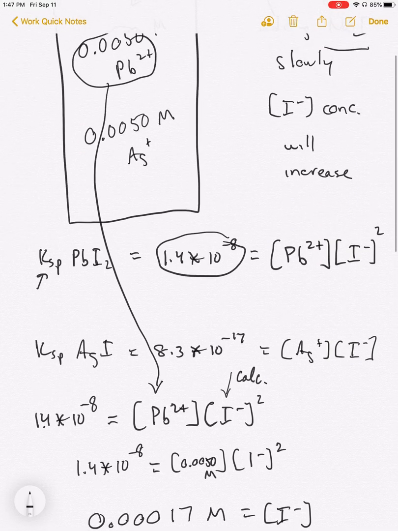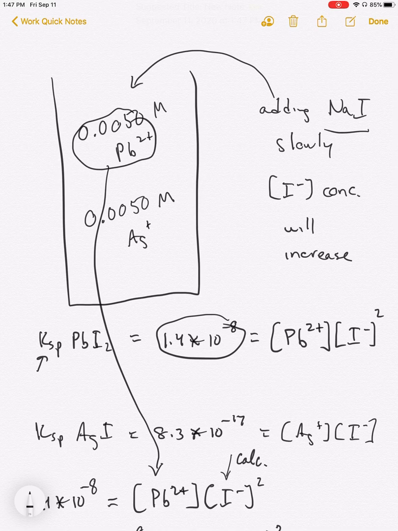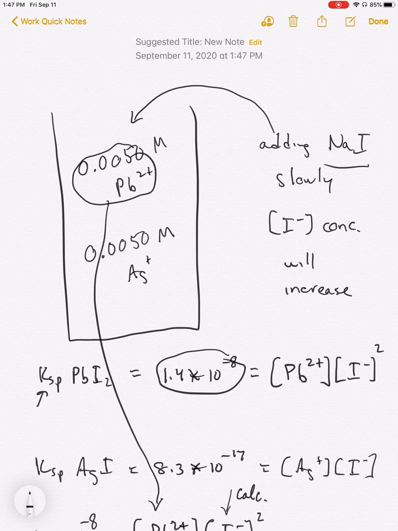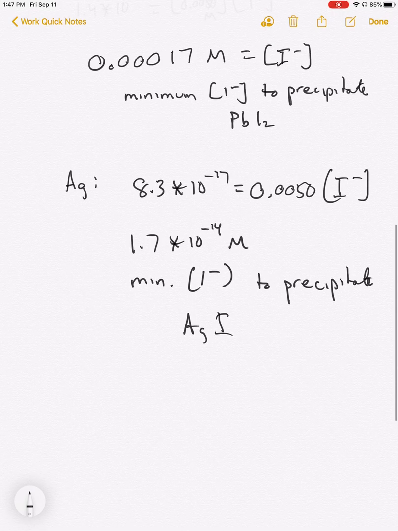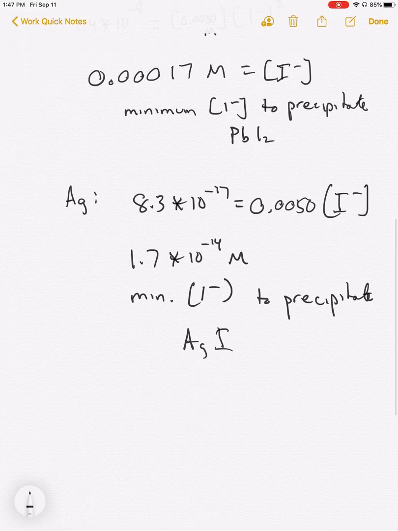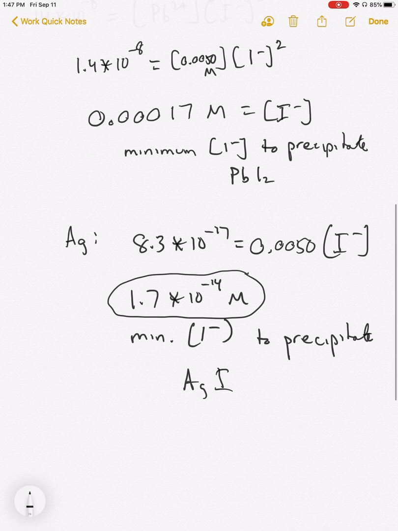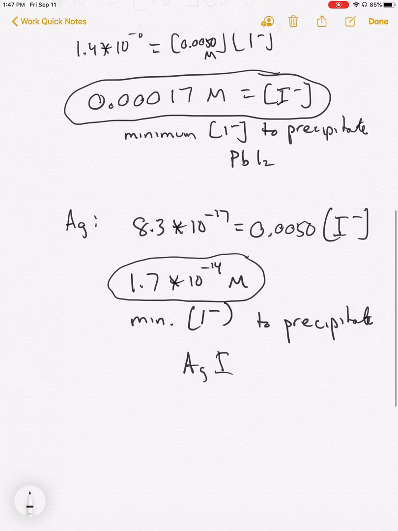So we're going to start slowly adding the sodium iodide. The iodide concentration will increase. It will increase to this molarity before it reaches this molarity. So this one is smaller.